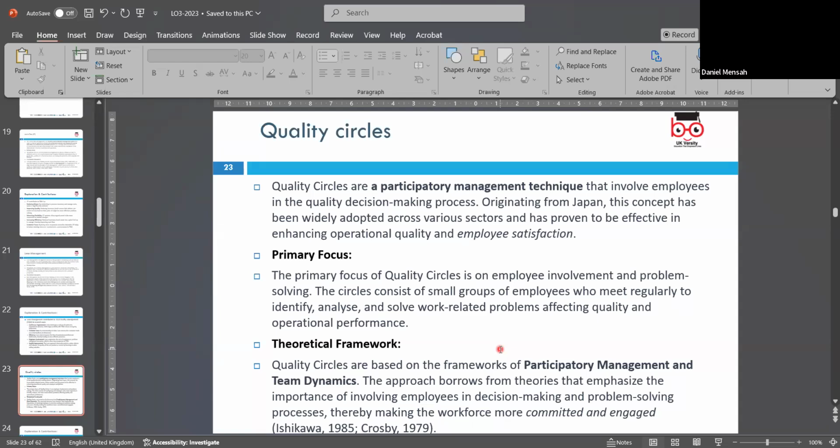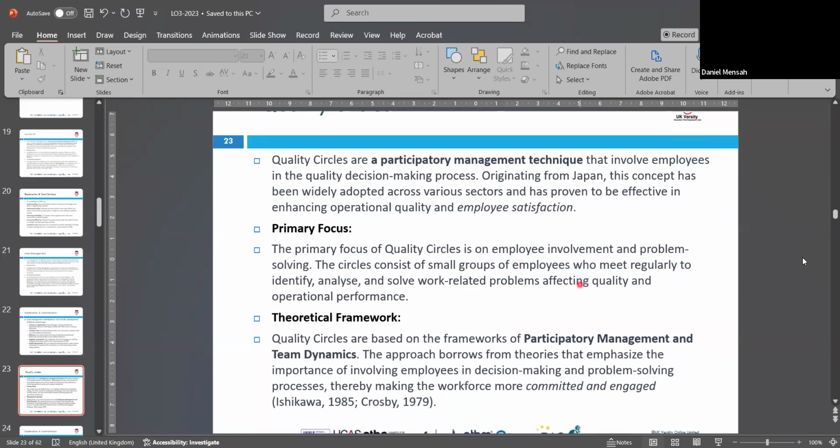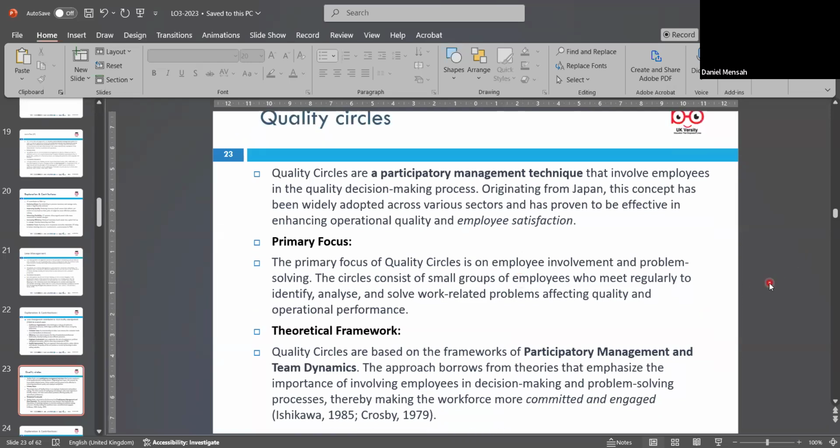These people conduct regular meetings where they discuss and identify the issue, make the analysis, and then come up with workable and doable solutions, which revolve around the quality and efficient performance of their operations or processes. So the primary focus is there. If we look, it is grounded in participatory management and team dynamics concepts. It is inspired by them.